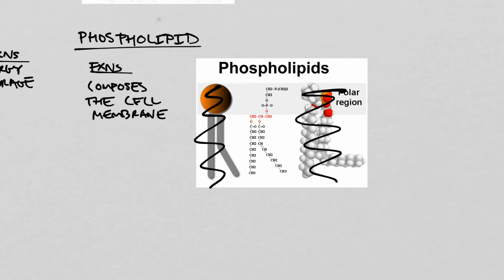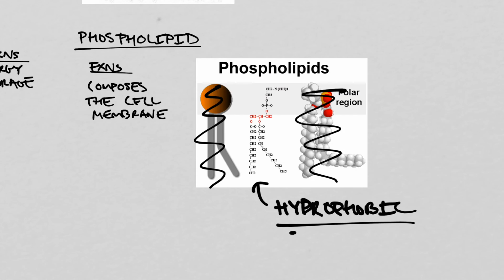Now, this gives the molecule a really interesting characteristic because, as you know, fatty acids are hydrophobic. They hate water. And phosphate groups are actually hydrophilic.